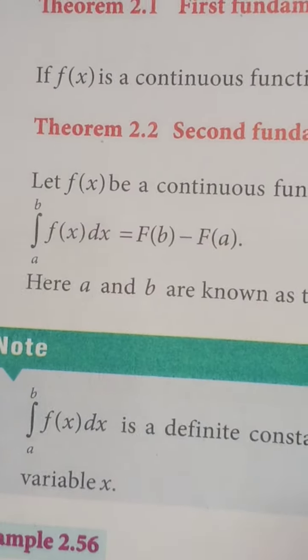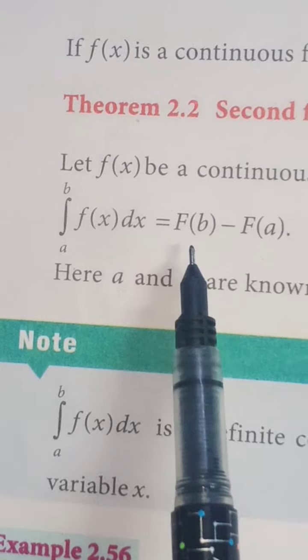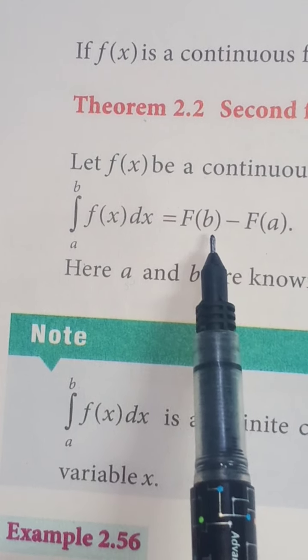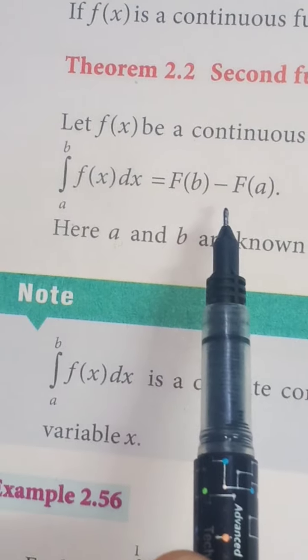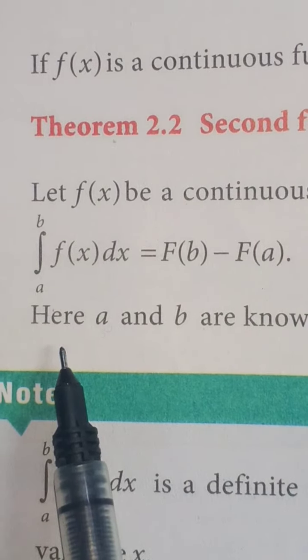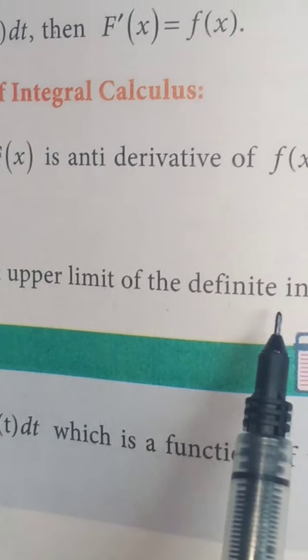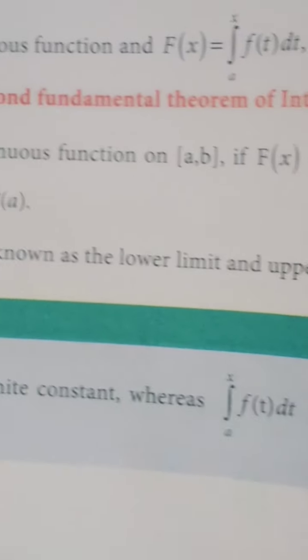Antiderivative means integration. The integral equals F of the upper limit b minus F of the lower limit a. Here a and b are known as the lower limit and upper limit of the definite integral.